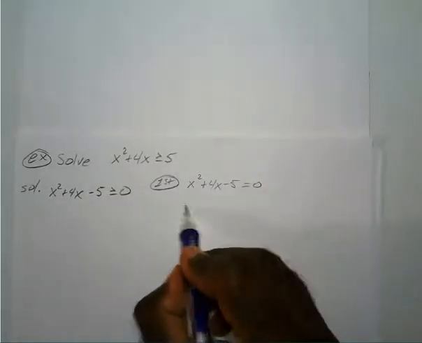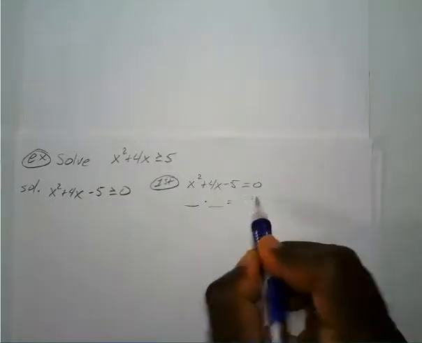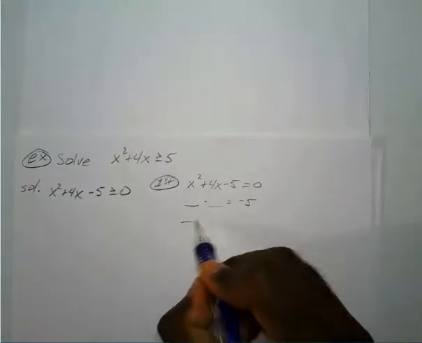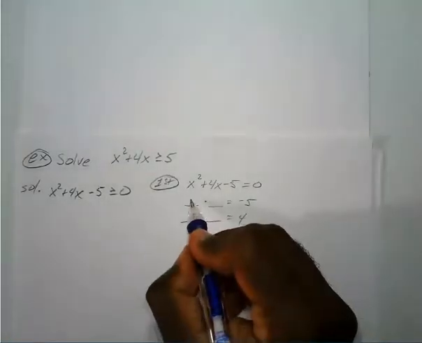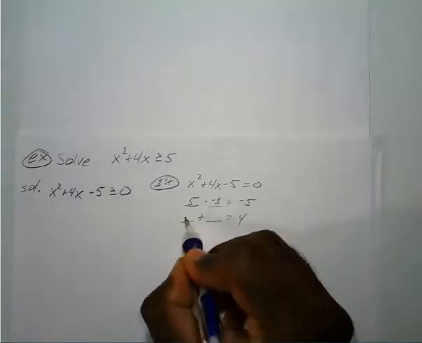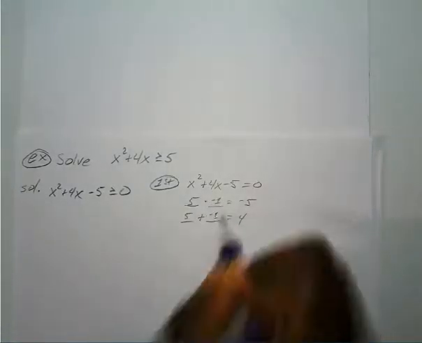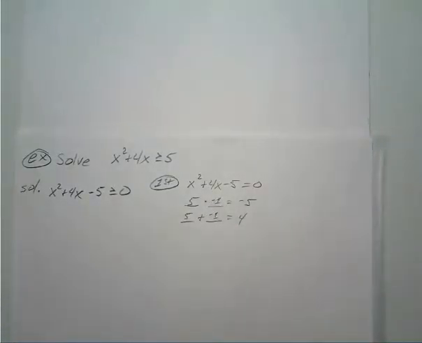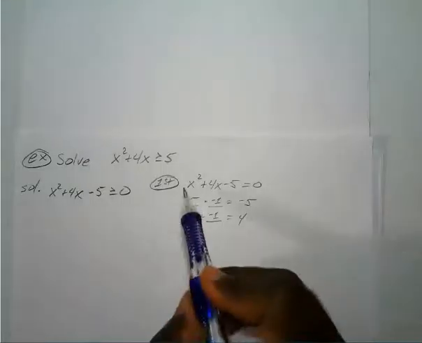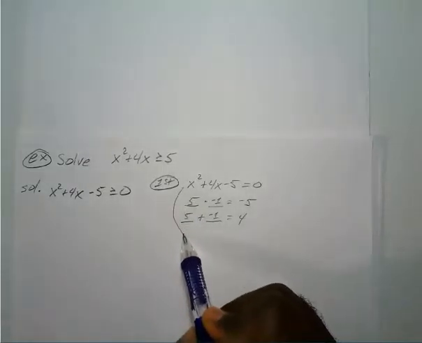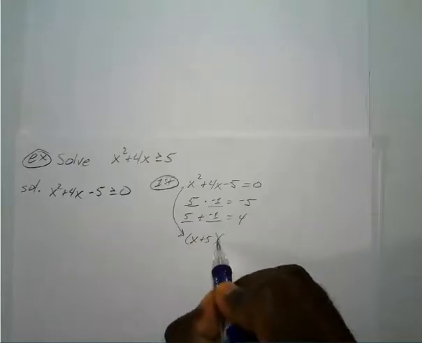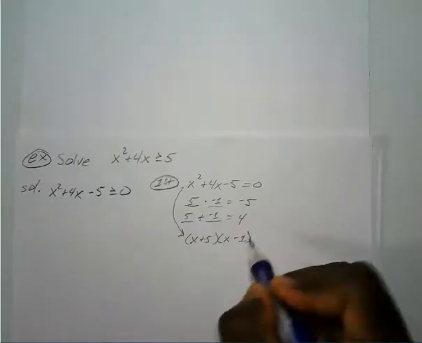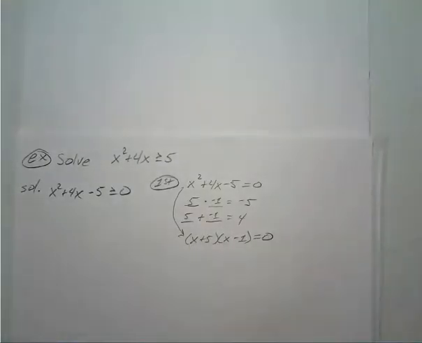Okay, where again we just find two numbers that multiply to equal our c, and those same two numbers add to equal your b, which in this case 5 and -1 works. Okay, so that means x squared plus 4x minus 5 will become x plus 5 times x minus 1 equals 0.